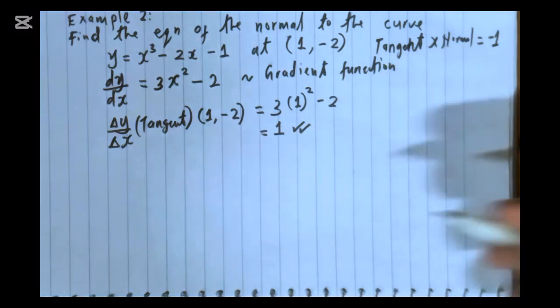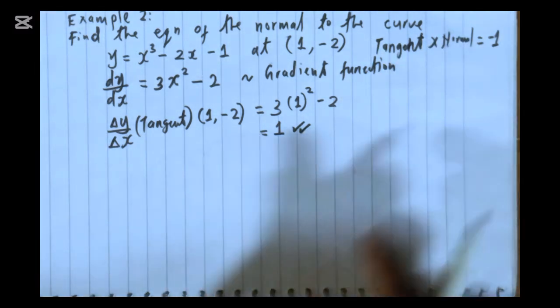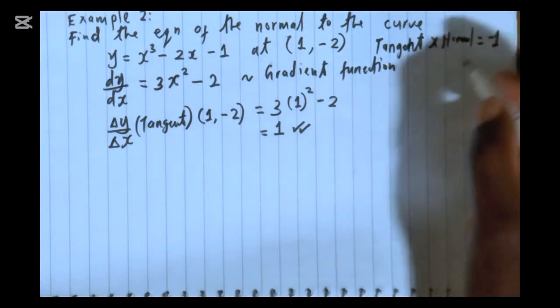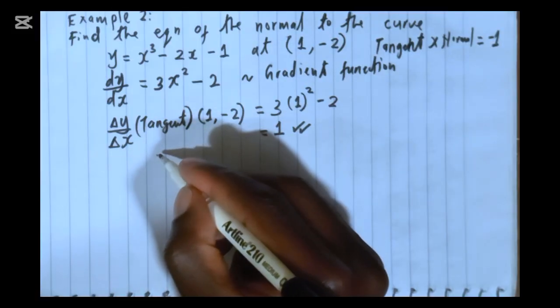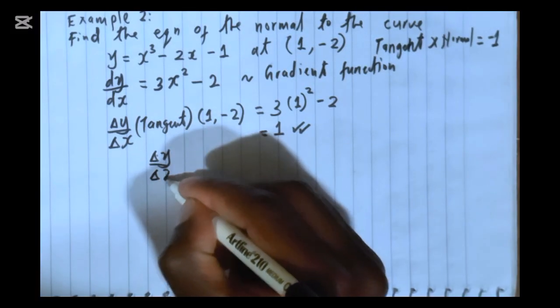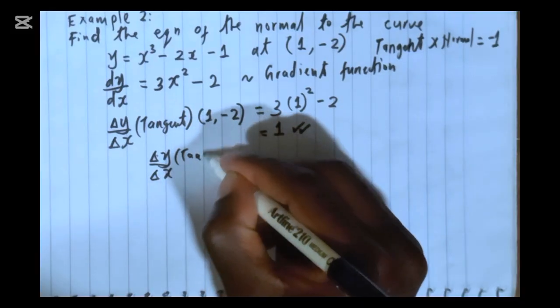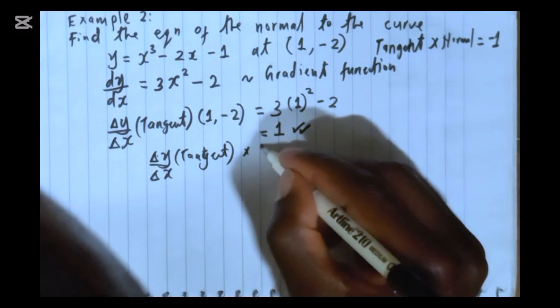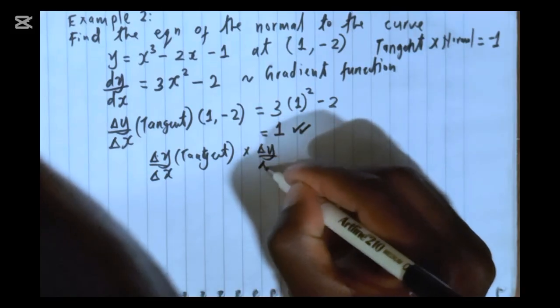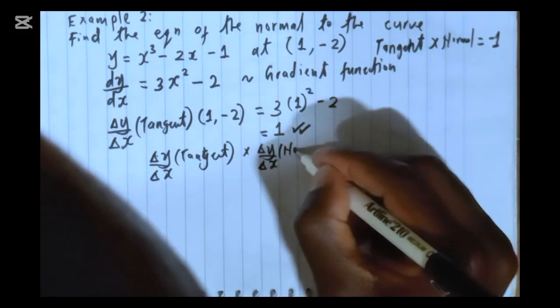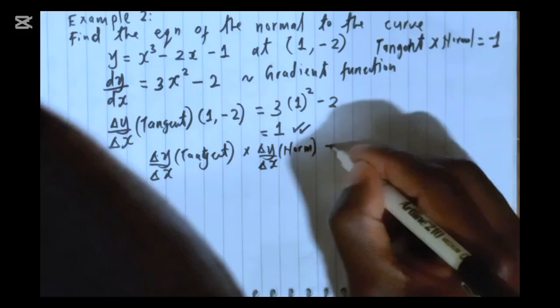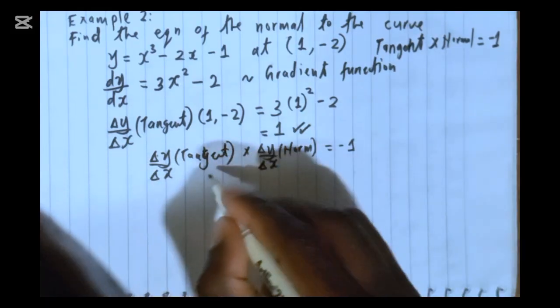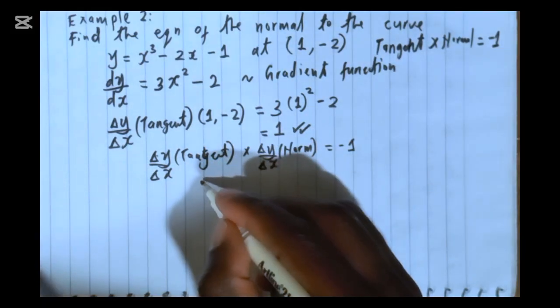So now we have the gradient of the tangent here. So to find the gradient of the normal, we are saying that the gradient, change in y over change in x, of the tangent, when multiplied by the gradient of the normal, should give us -1.